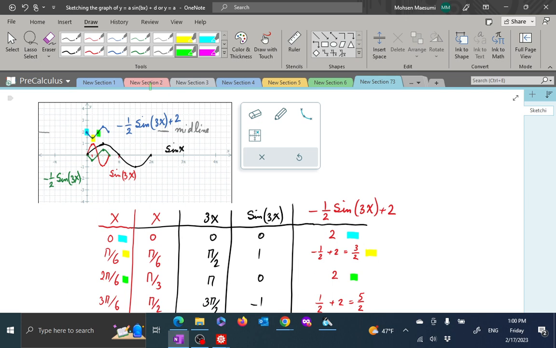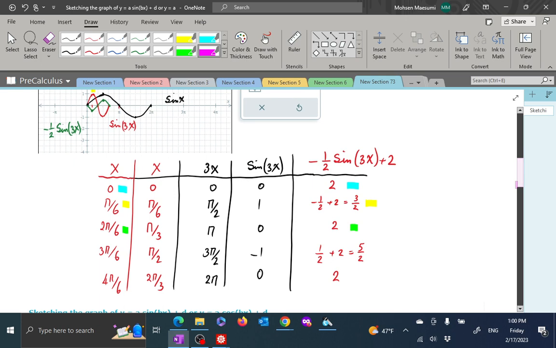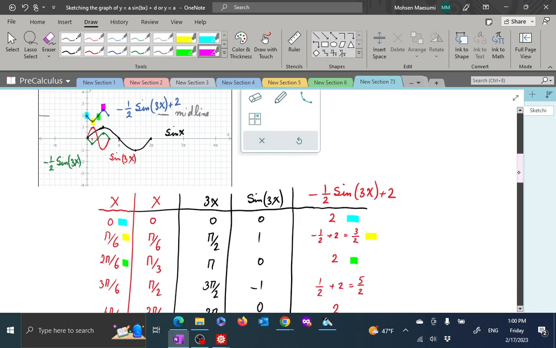Next, I have 3 pi/6, 3 blocks over, and I'm at 5/2. This is at this location, and the final location is, well, I ran out of color, so 4 pi/6 and 2. Let's color coordinate this one as well for you.